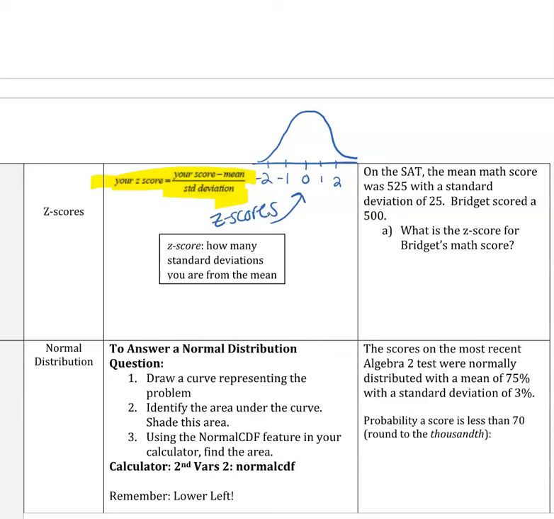So on the SAT, the mean math score was a 525 with a standard deviation of 25. Bridget scored a 500. What was her z-score? In other words, how many standard deviations above the mean was she? It is her score minus the mean, so 525, divided by a standard deviation of 25.